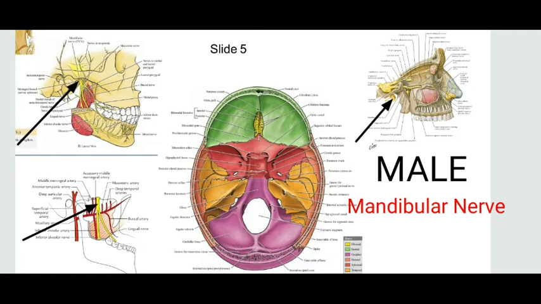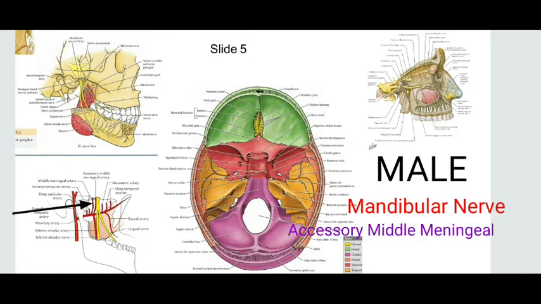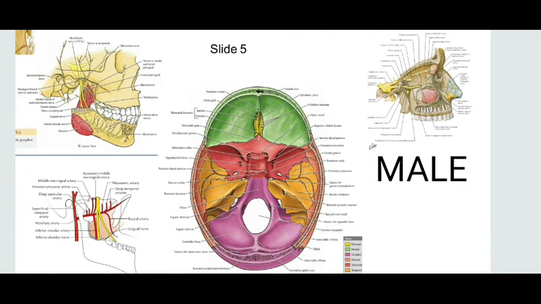Number 2, the accessory meningeal artery. Number 3, the lesser petrosal nerve.